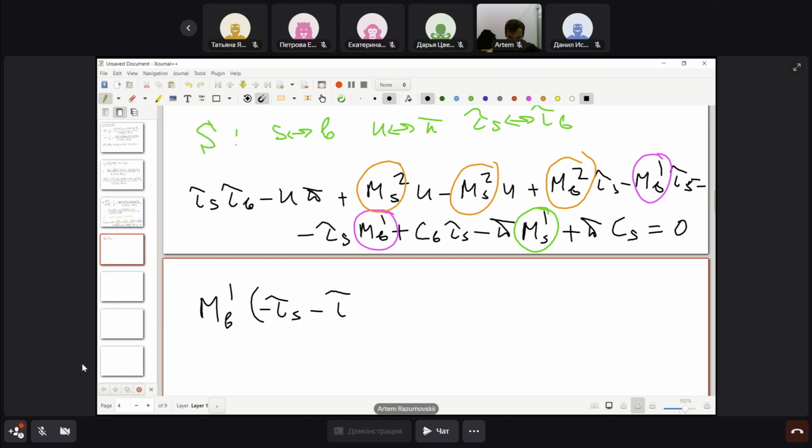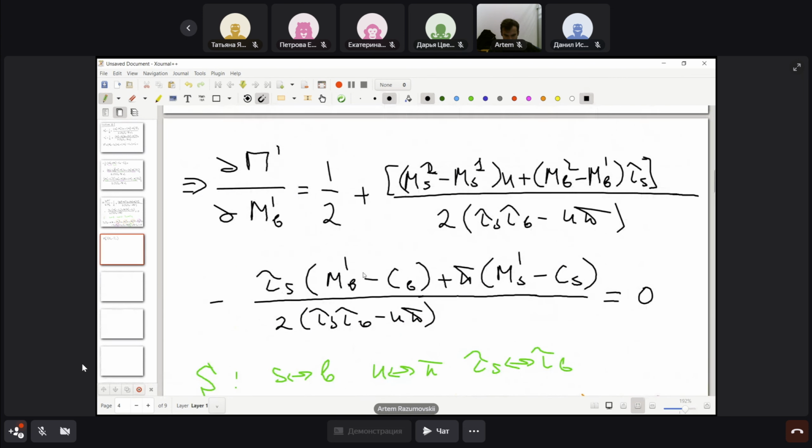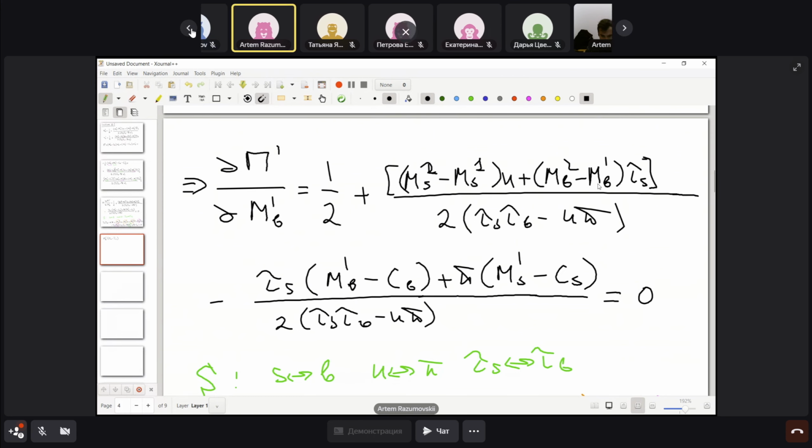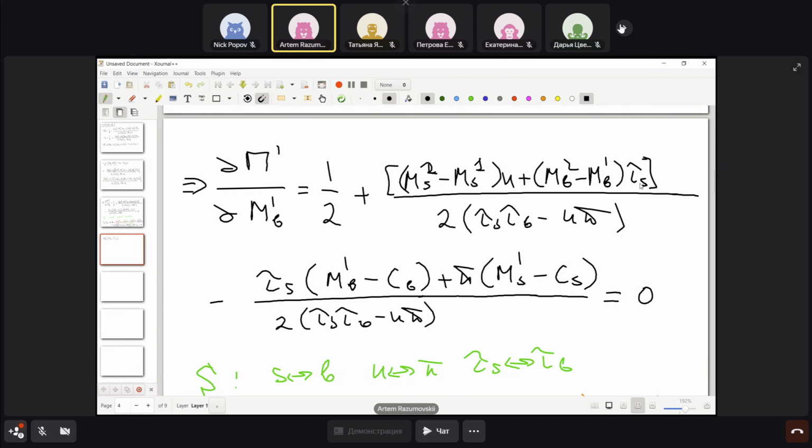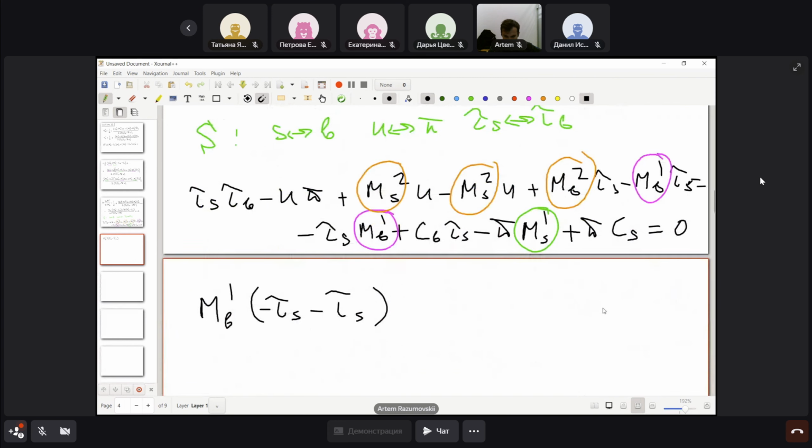Minus tau s, minus tau s. Let's check. Price for buyers tau s, right? That is correct.